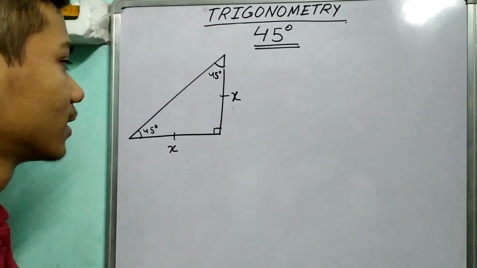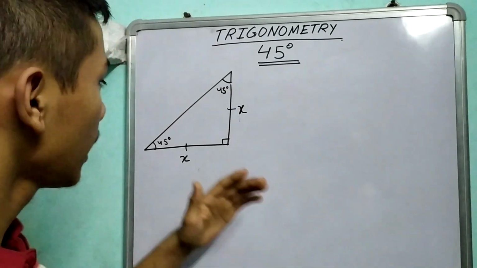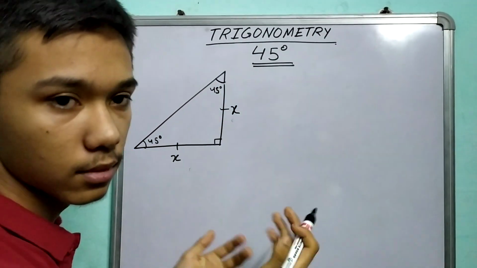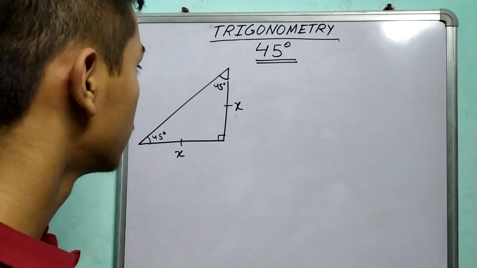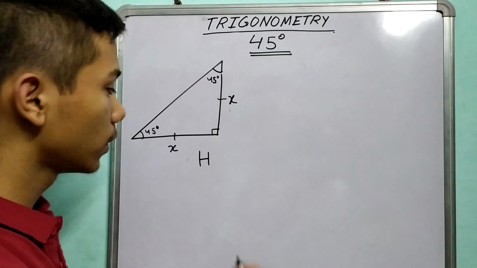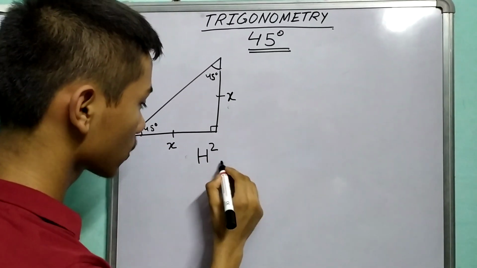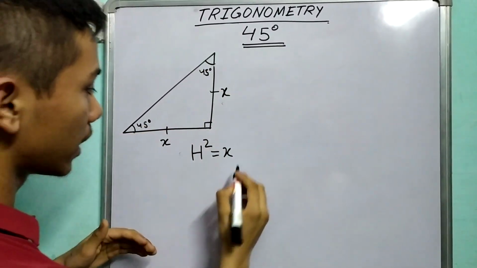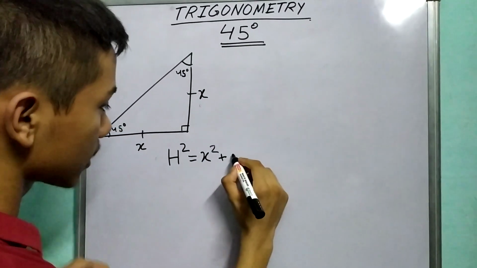Pythagoras theorem, right? The Pythagoras theorem beautifully relates the hypotenuse to the legs of a right angle triangle. So let us say the hypotenuse is h. Okay, so if you use the Pythagoras theorem, we get h square is equal to the sum of squares of two sides. So x square plus x square.